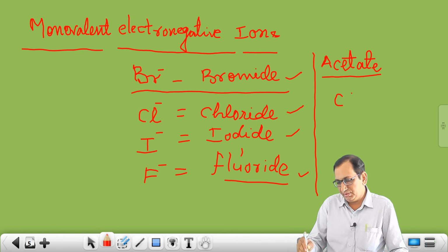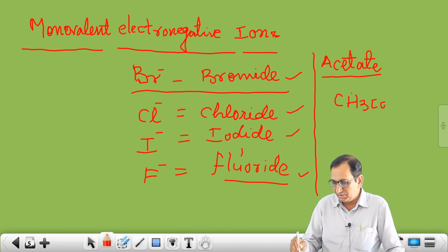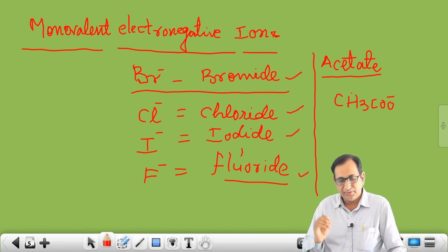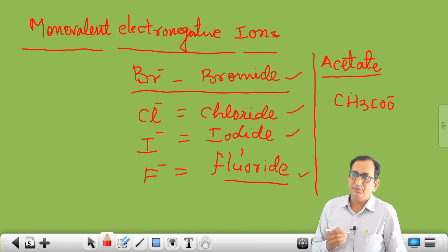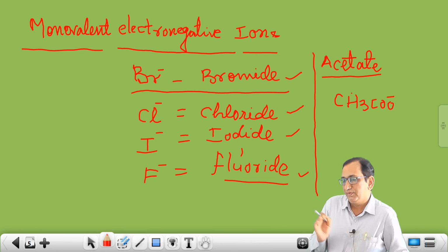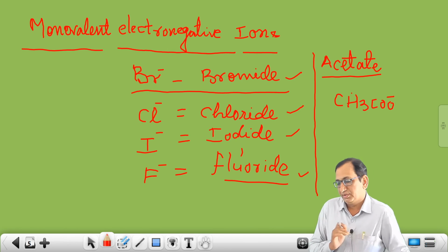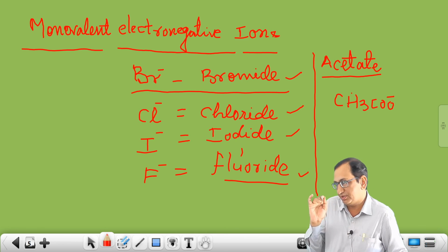You have to write CH3COO with a negative ion. Acetate also shows one negative valency. So on the acetate ion, we will write a minus charge only. This is not acetate, this is the acetate ion.